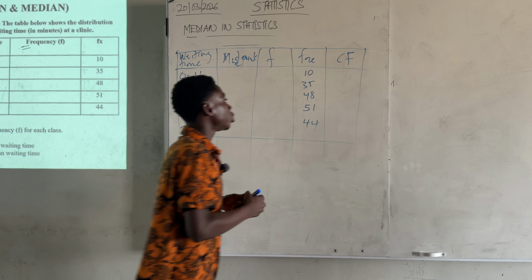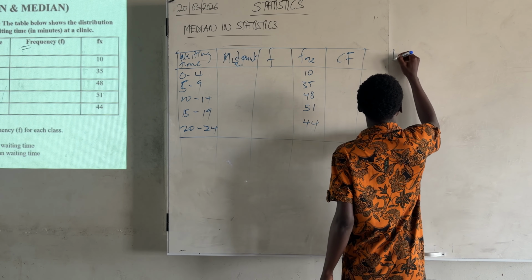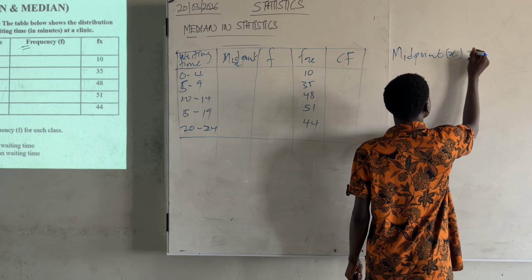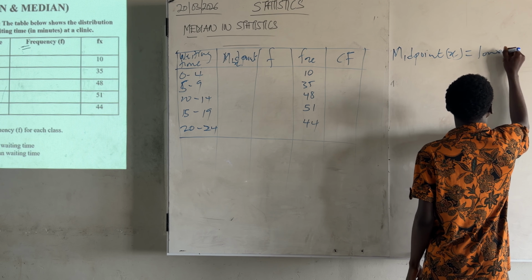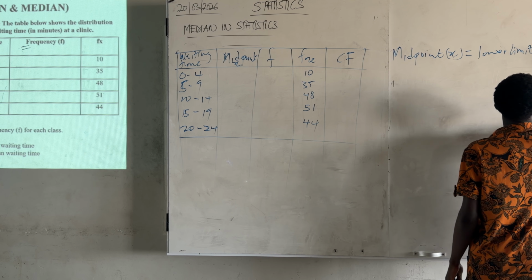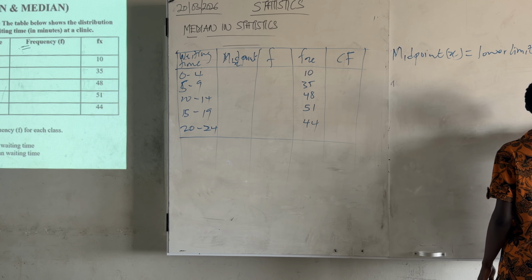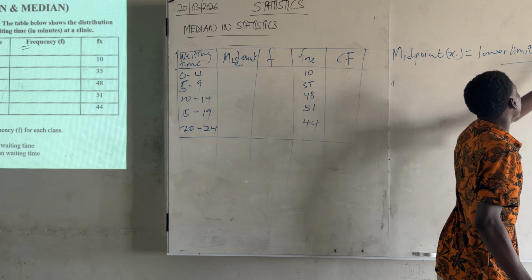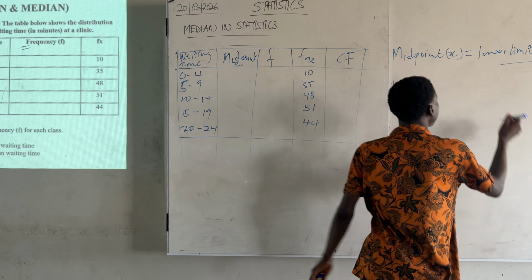So the formula for the midpoint, which is x, is equal to the lower limit plus the upper limit divided by 2. Or we can add the upper limit plus the lower limit divided by 2.